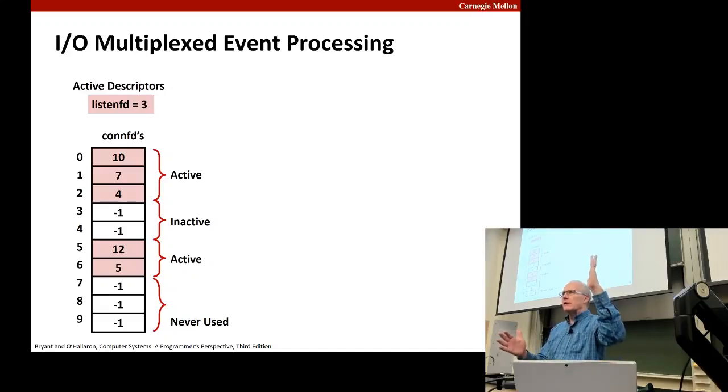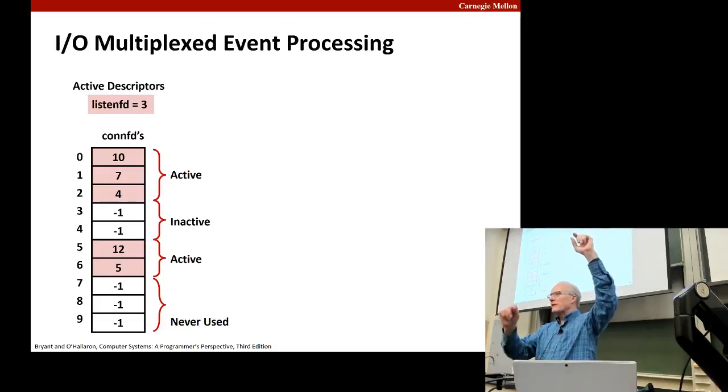But then you're sitting there going, okay, now what do I do? Should I listen for a new request? Should I see if one of my clients has some messages they want to send me? If so, which one? How do I know?